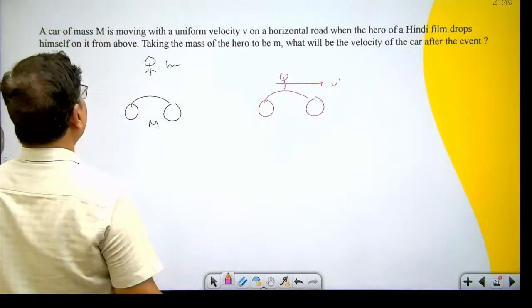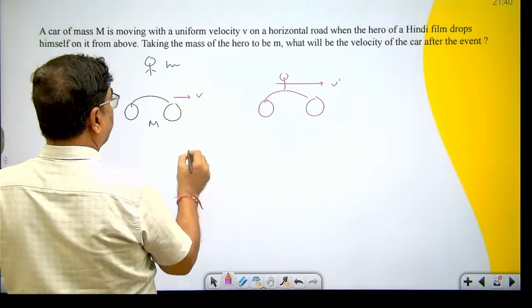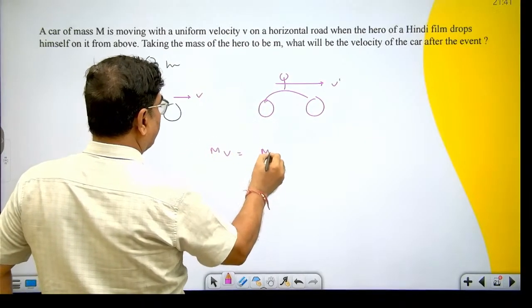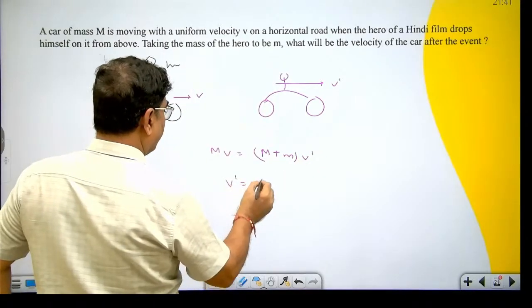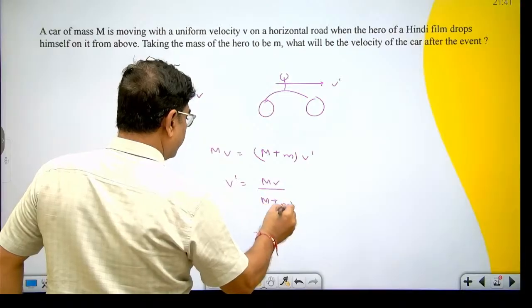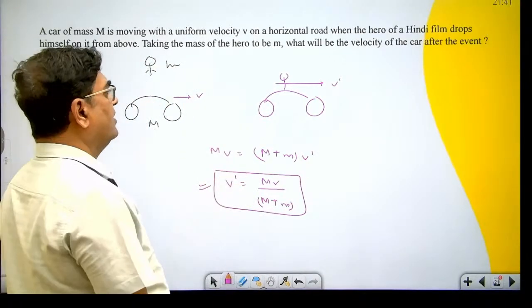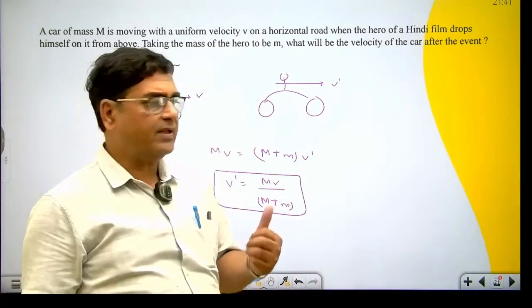Initially the car is moving with velocity v. What is the initial momentum? Mv. What is the final momentum in the x direction? (M plus m) into v dash. So the velocity of the car after the event is Mv upon (M plus m), because there is no external force in the x direction. So this is the velocity of the car in the x direction.